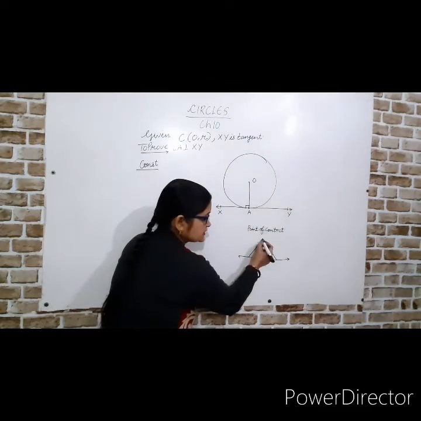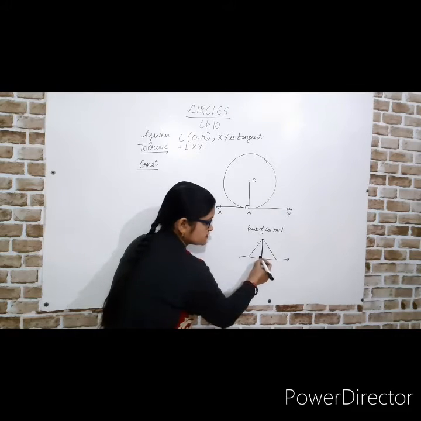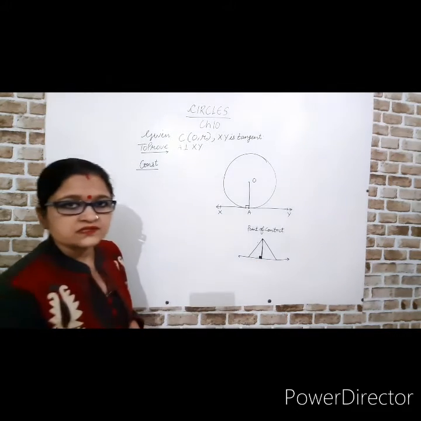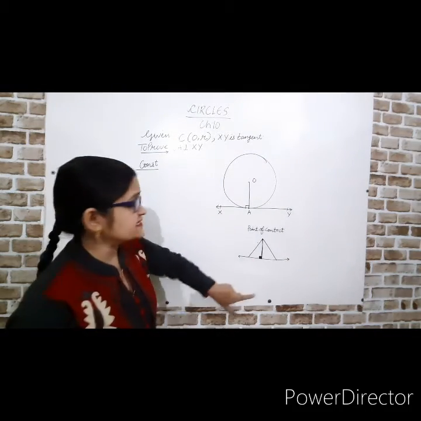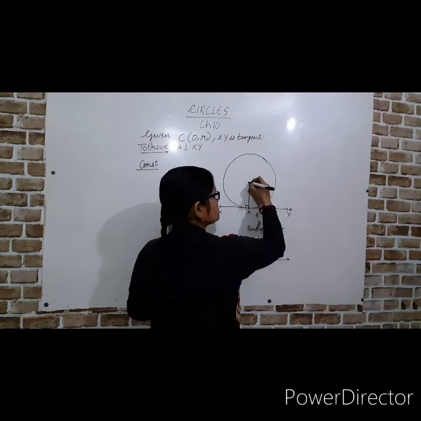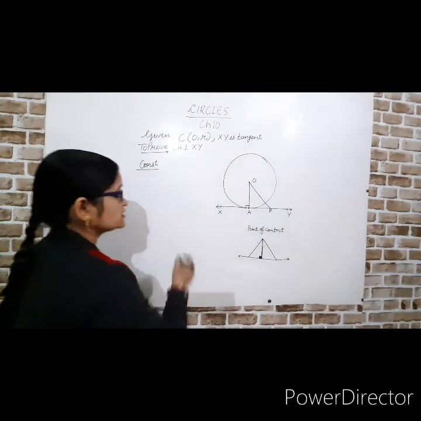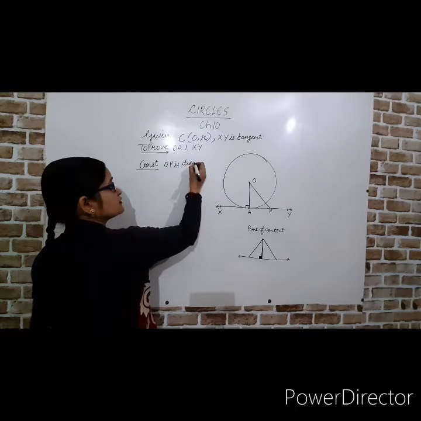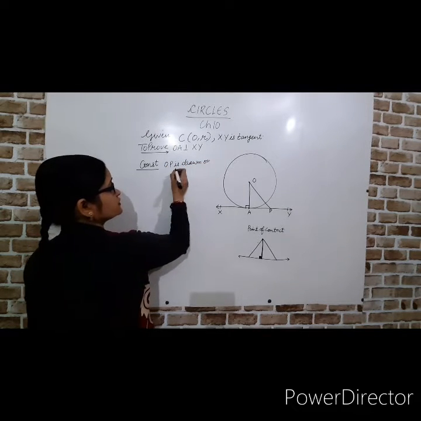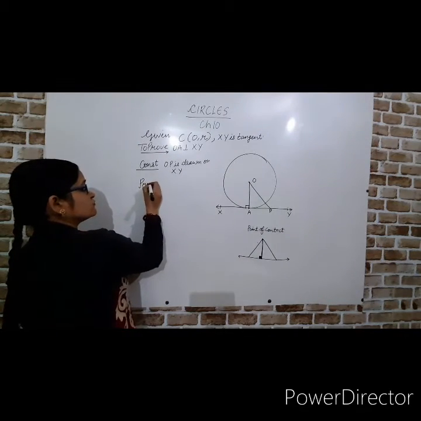But the line which is shortest is always perpendicular. So we will take help of this concept as well. I am drawing one more line, that is OP, drawn on XY.